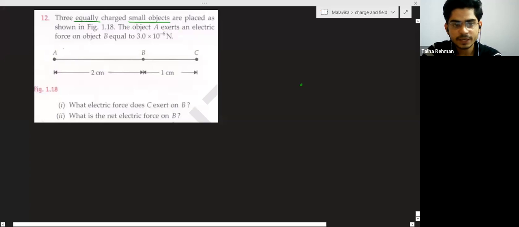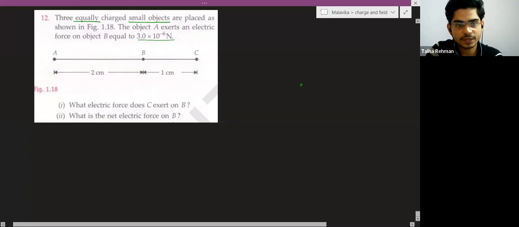The object A exerts an electric force on object B, and this force is given by its value.